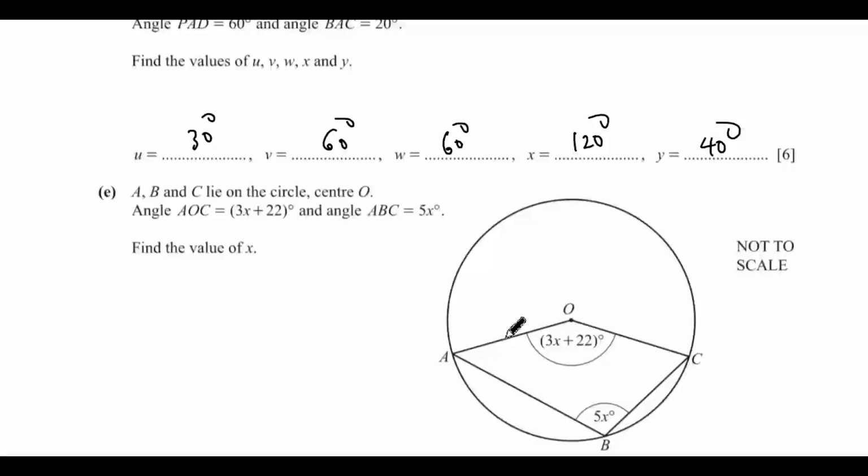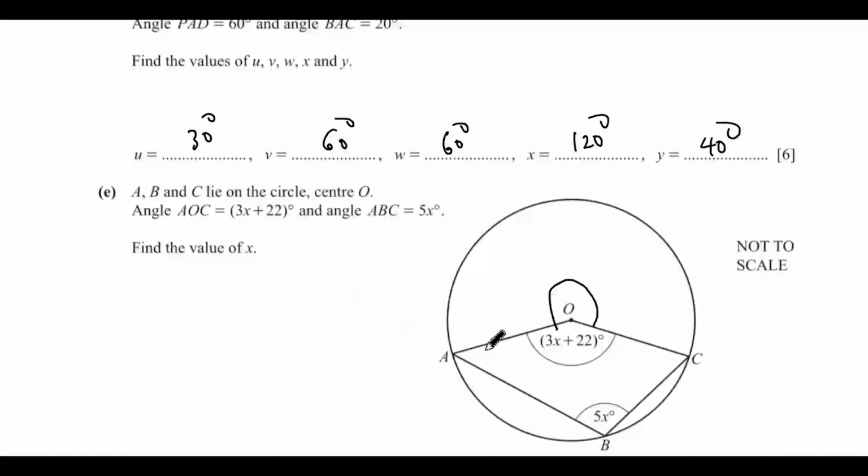Find the value of x. To get the value of x, we know that the angle at the center, this one, is twice this one, and this reflex angle and this obtuse angle add up to 360 degrees, right?